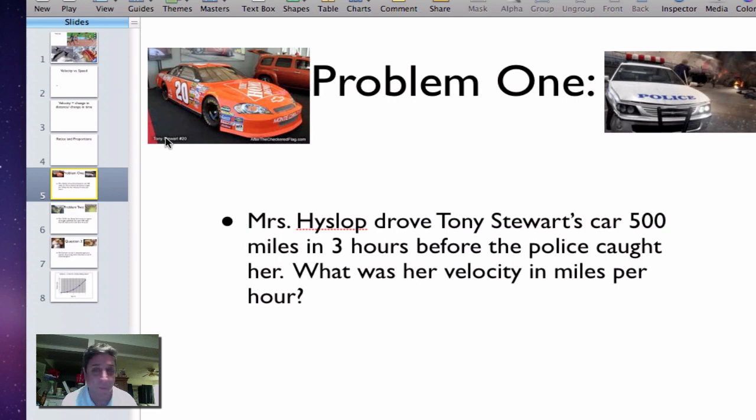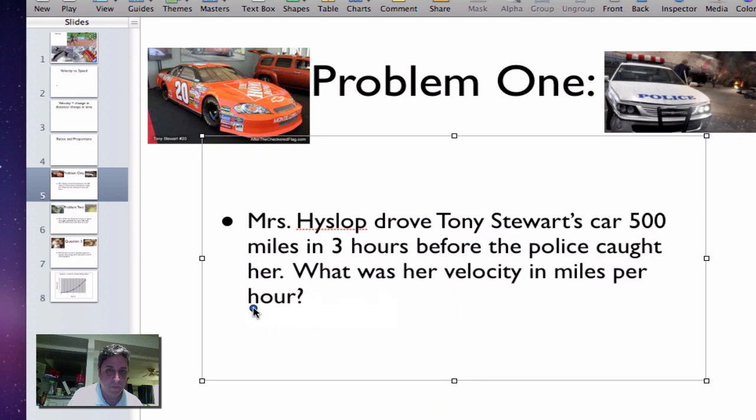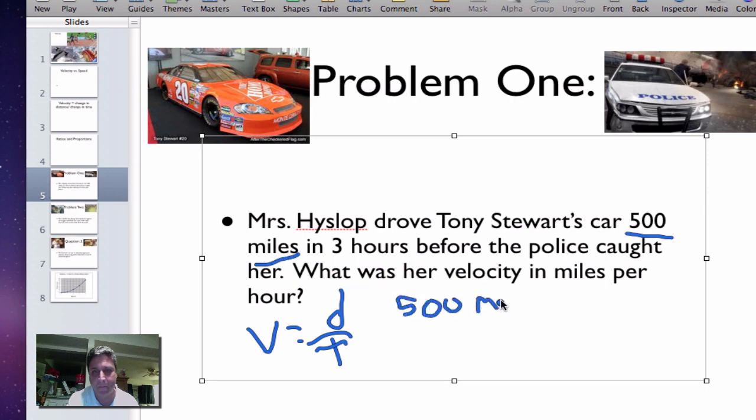Okay, here we go. Velocity equals distance divided by time. I have a distance here of 500 miles and a time of 3 hours.